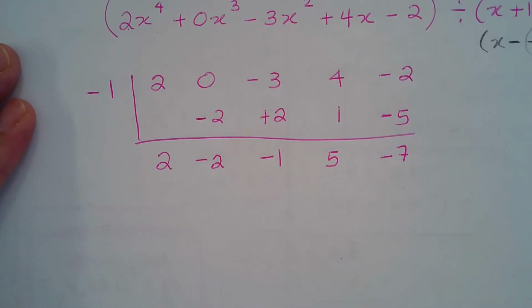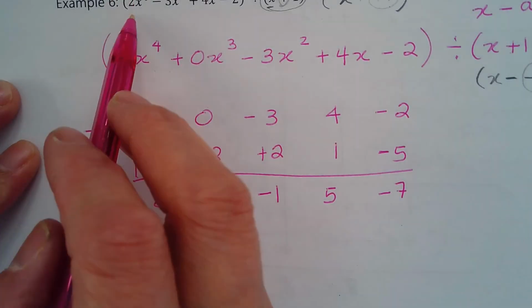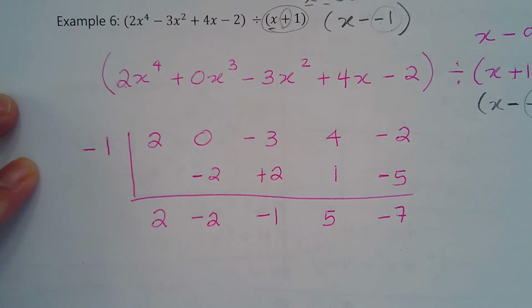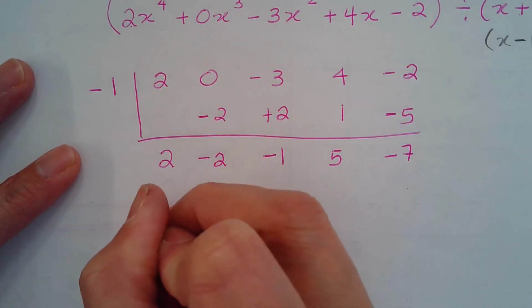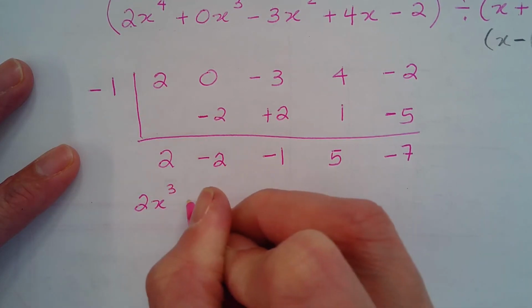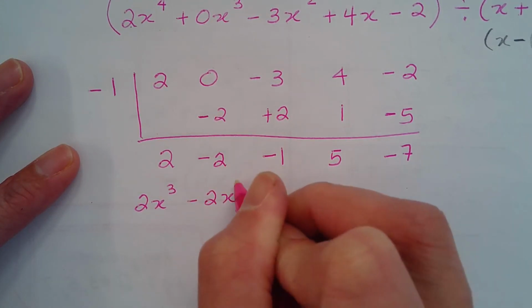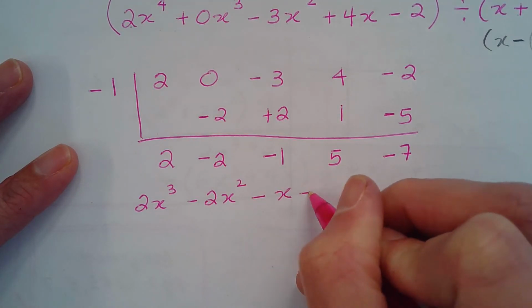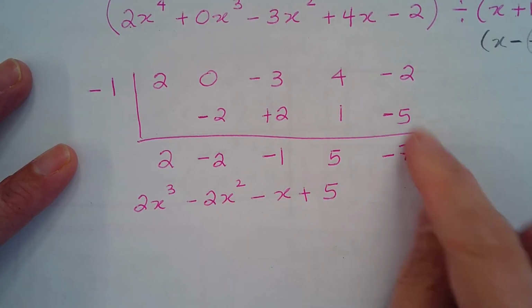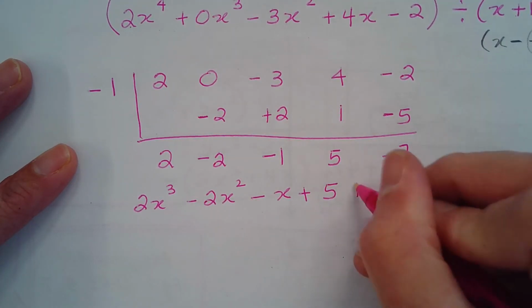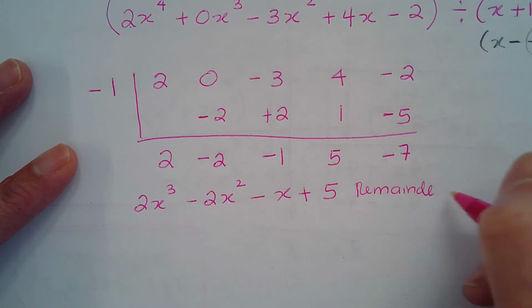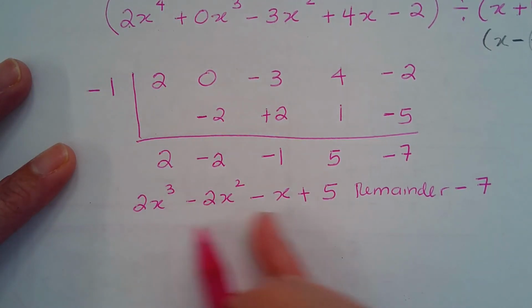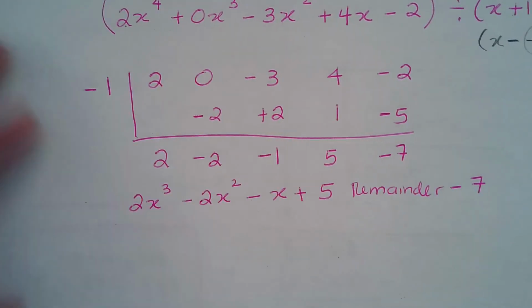So what's the quotient here? This is x to the 4th, and if we divide it by x, that's going to give us x cubed. So this is going to be 2x cubed minus 2x squared minus x plus 5, and then what happens to this one? The remainder, negative 7. Okay, and this is our quotient.